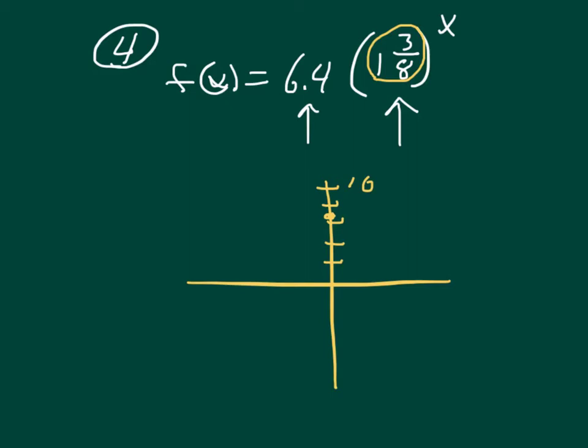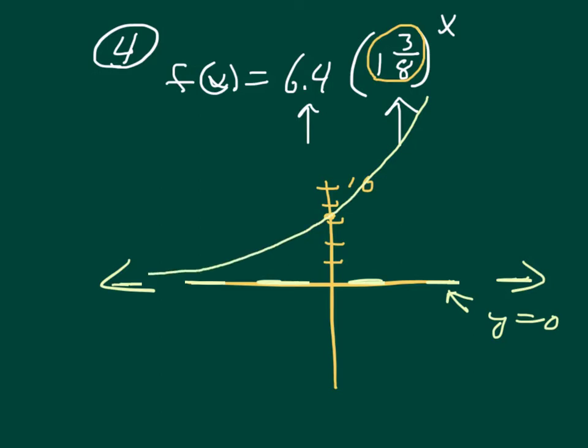Now, the asymptote is still going to be right here along the x-axis. So that's going to be y equals 0. And that function is going to look something like this, and it's going to be asymptotic to the line y equals 0. And of course, it is a growth. All right, go ahead and pause it and do the next question.